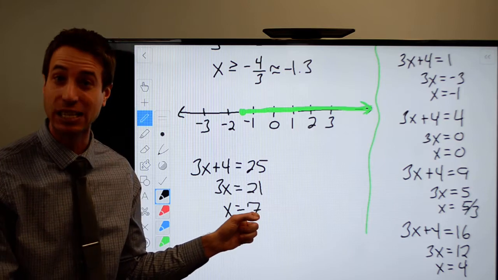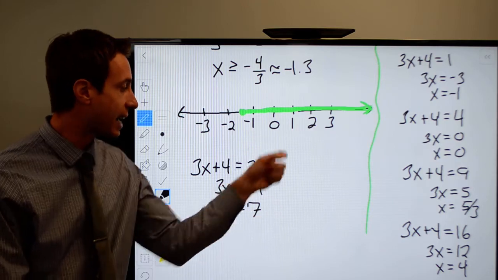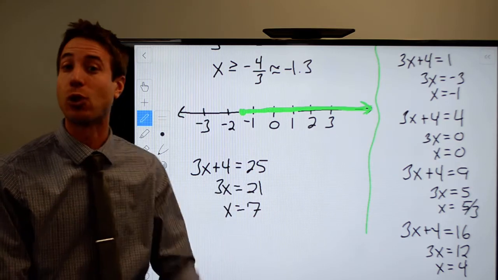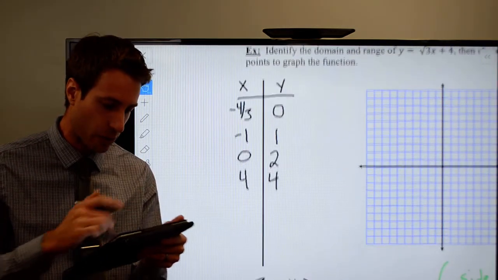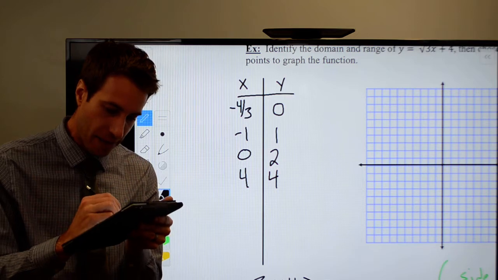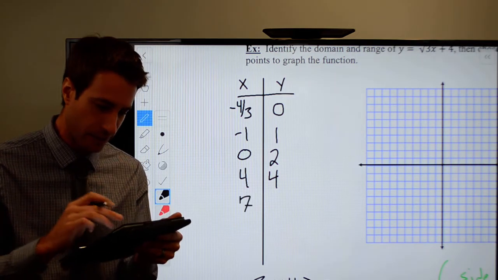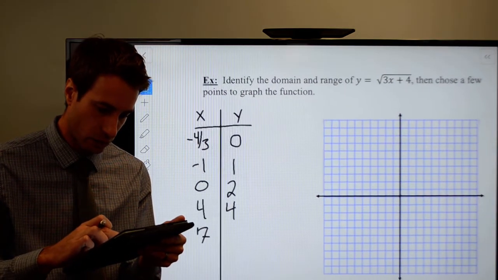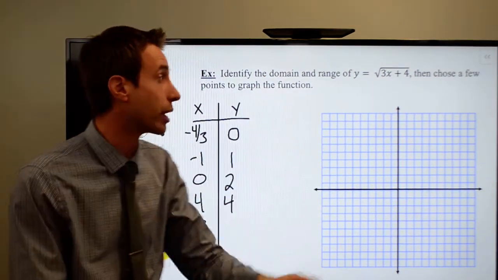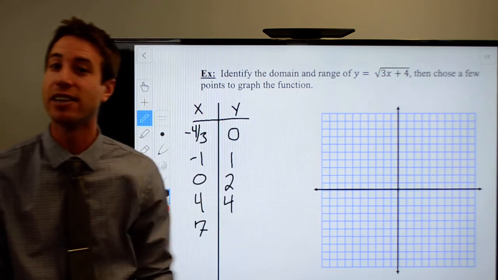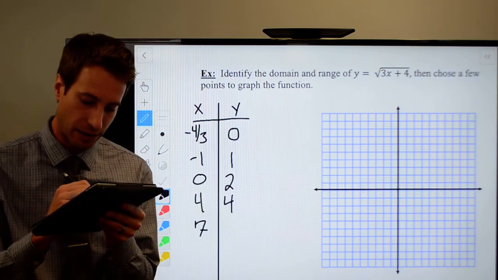If I plug in x equal to 7, my radicand is going to come out to be 25. The square root of 25 is 5. So there's another really good one. Let's plug that one in. If I make my domain value a 7, 7 times 3 is 21. 21 plus 4 is 25, and the square root of 25 is 5.